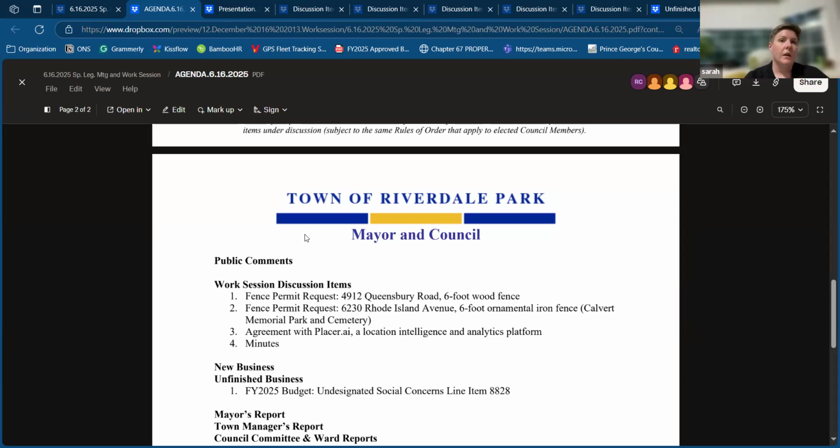And so if it is something that we would move forward with, I would hope that we would first have an opportunity to talk with other municipalities who have chosen to move forward with Placer AI and learn about their experiences and whether or not it did in fact benefit them, or did it turn out that the data they've collected was not as useful as they had hoped. So thank you for recognizing me and providing the time. And that's it from me.